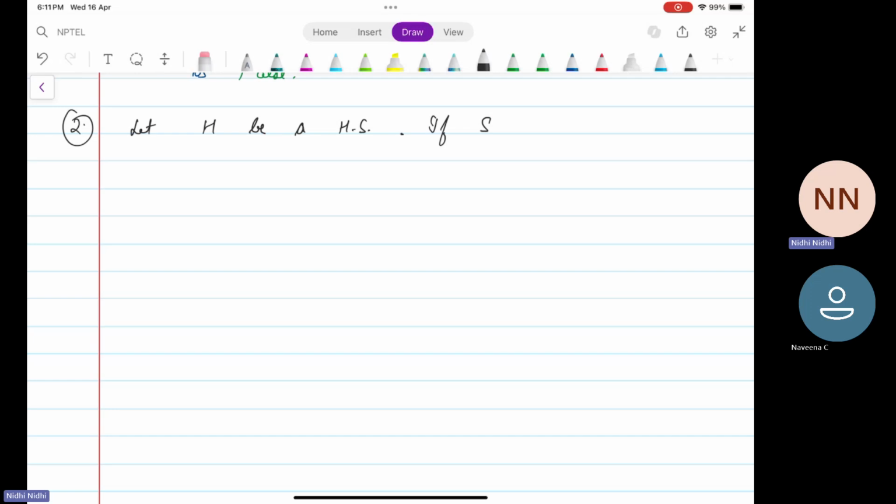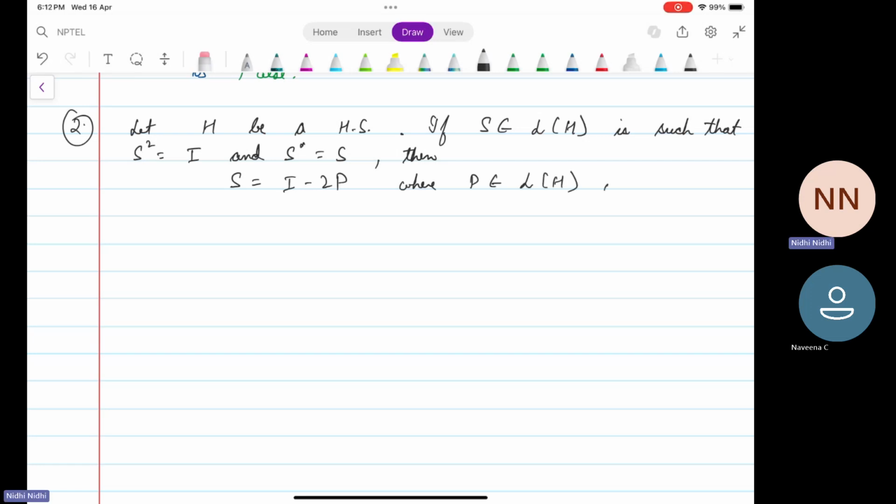If S is a bounded linear operator defined on H such that S square is equal to identity and it is self-adjoint, S star is equal to S, then S can be written as I minus 2 times P, where P belonging to the space of bounded linear operators on H is some orthogonal projection.